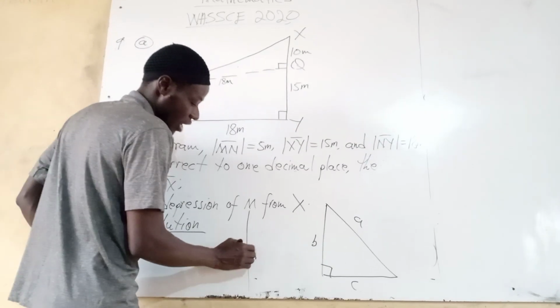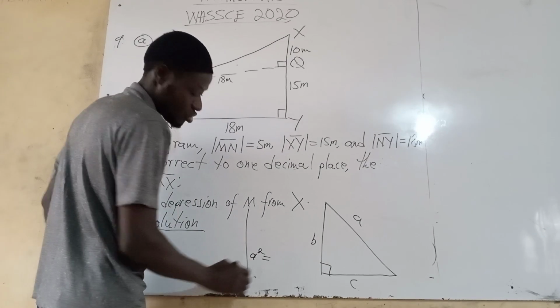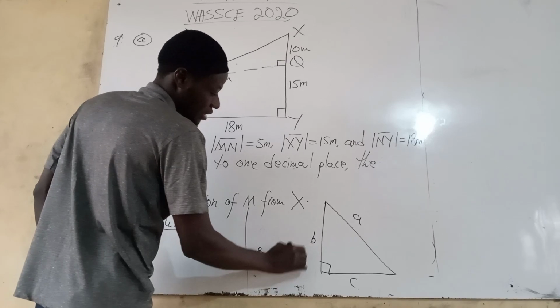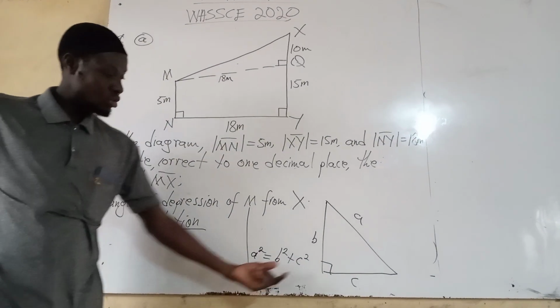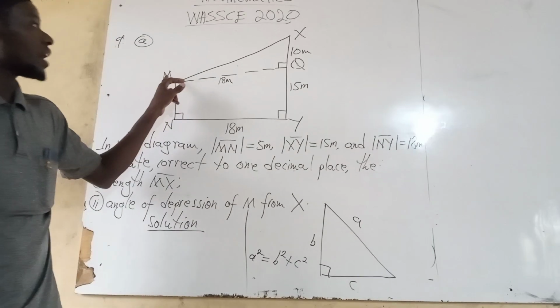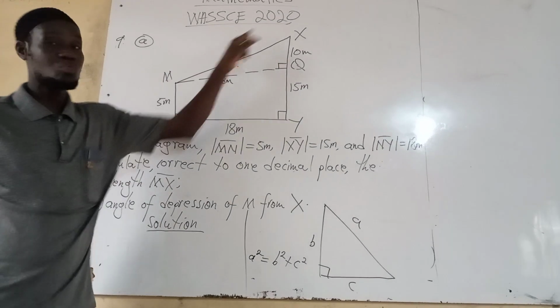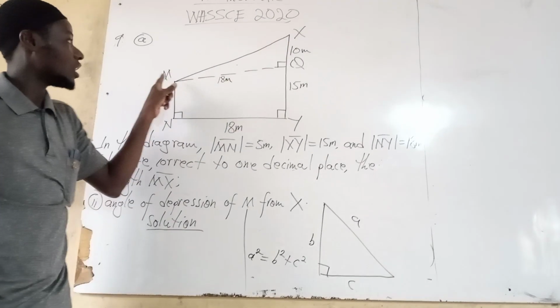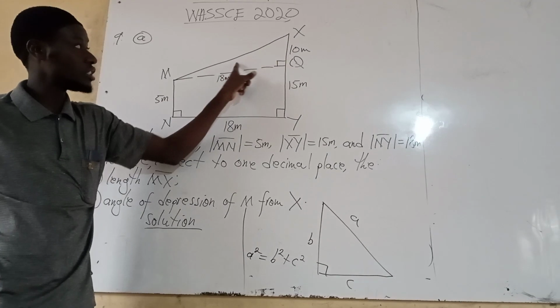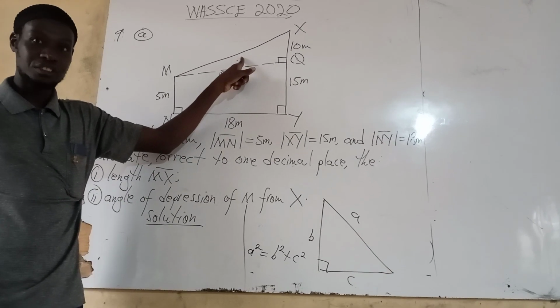That is, A square will be equal to B square plus C square. This concept is what we are going to use to find the length from M to X, because triangle MXQ is a right angle triangle.